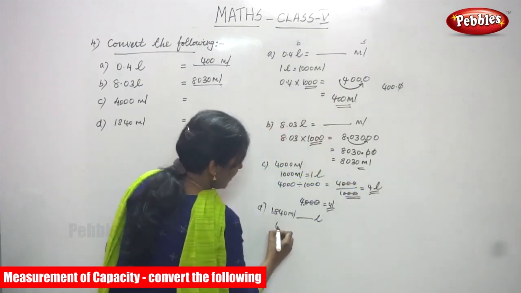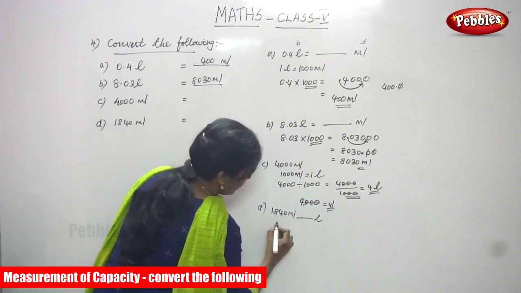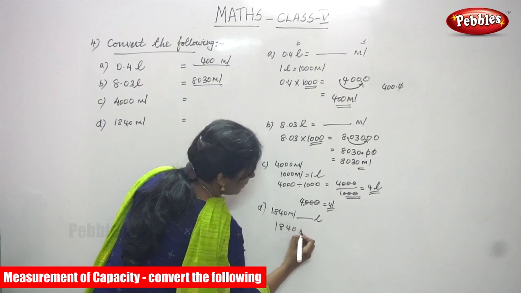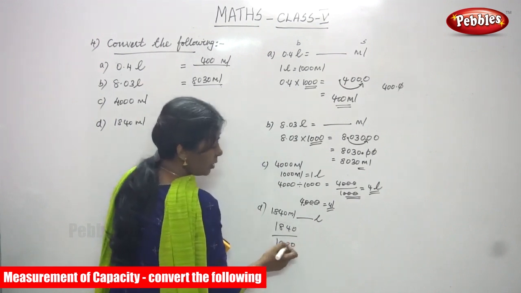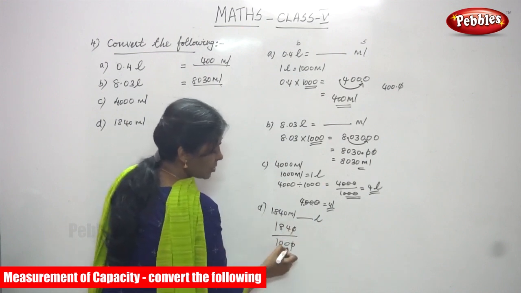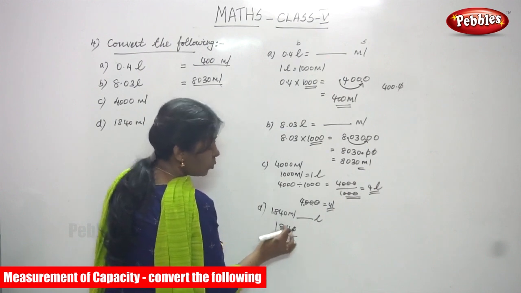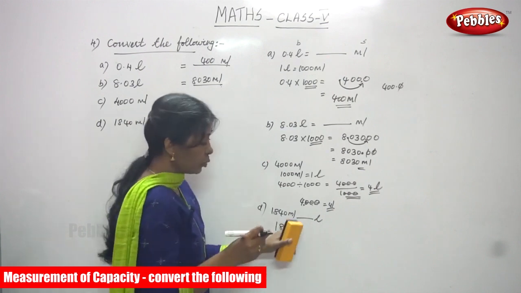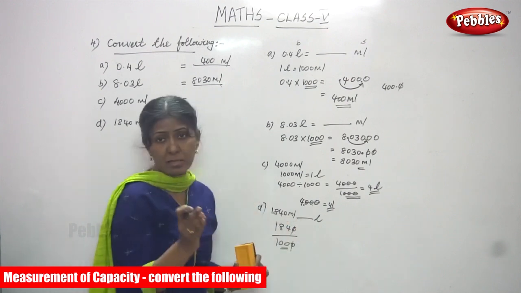So 1840, I'll write big, 1840 divided by 1000. So look at this. I've told you this 0 cancels. Okay, so 0 cancels. So how many zeros in 100? 2 zeros. So if you don't cancel the zeros, you just move, because in 1000 there are 3 zeros.